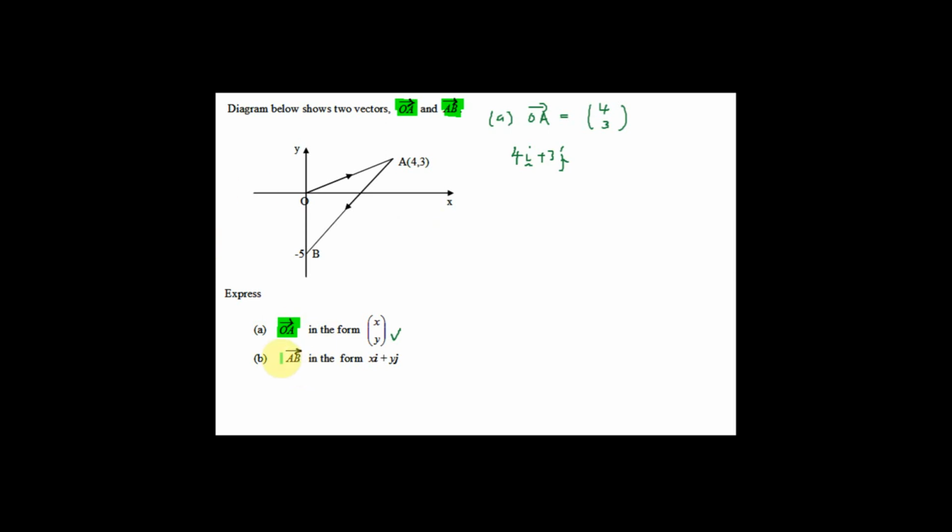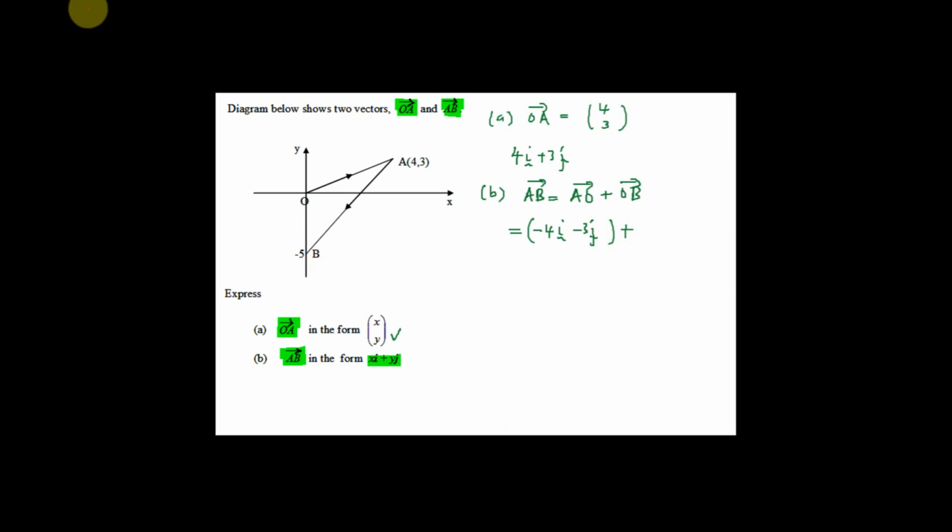Now for part B, we have to find vector AB in the form of xi plus yj. So we start by writing your AB first. Your AB equal to AO plus OB. So what is your AO? Your AO will be negative of your OA. So negative 4i minus 3j. Now you have to put into the ij form, plus your OB.